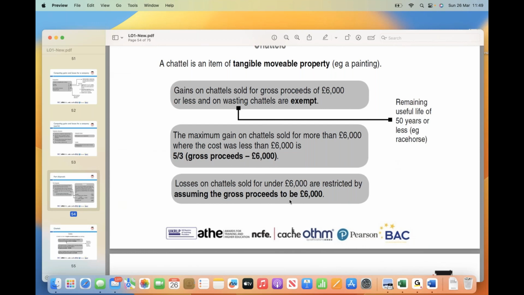On the other hand, any loss from the sale of a chattel with gross proceeds of under 6,000 pounds is limited by assuming the gross proceeds to be 6,000 pounds.